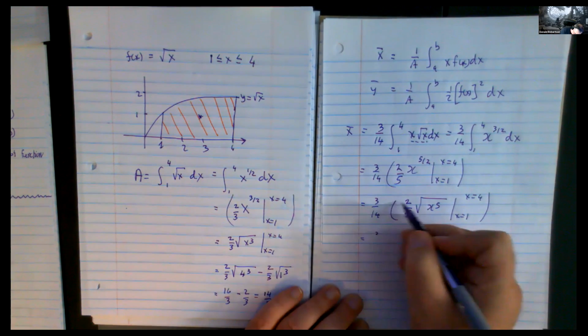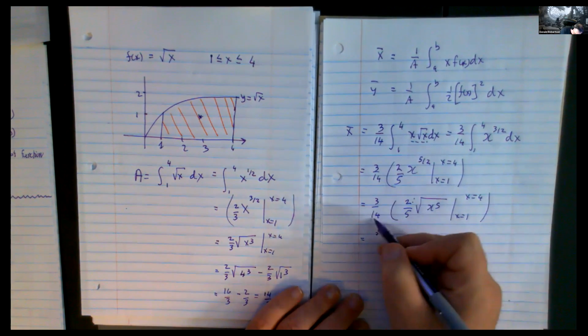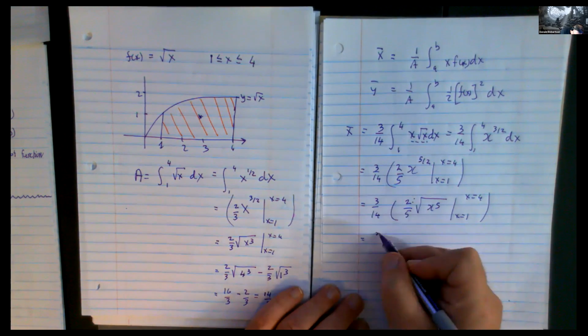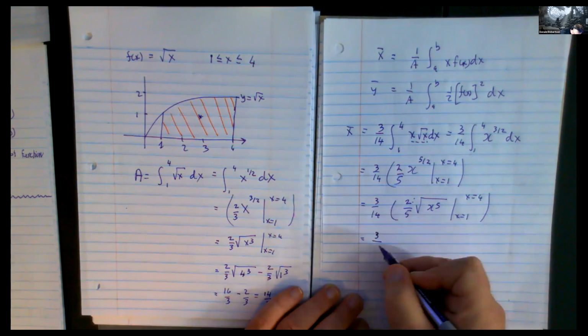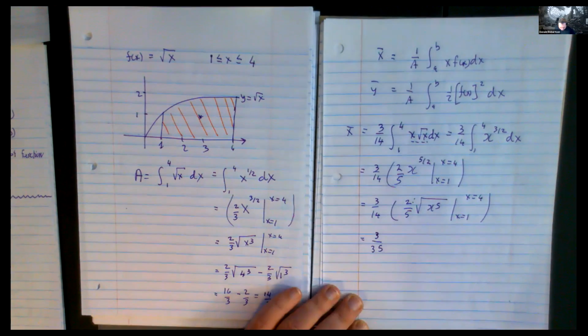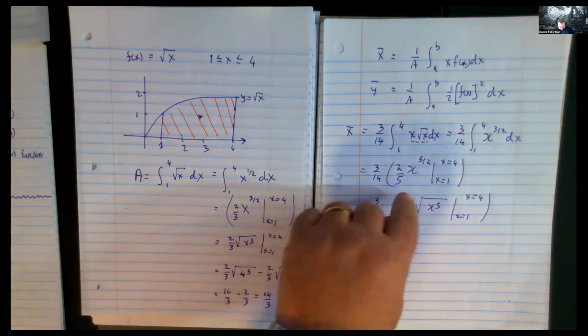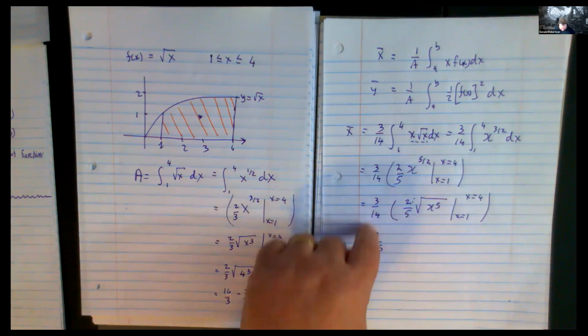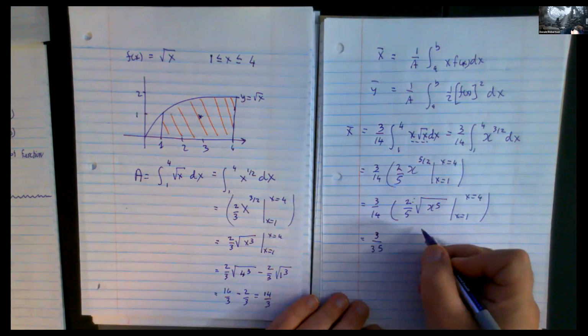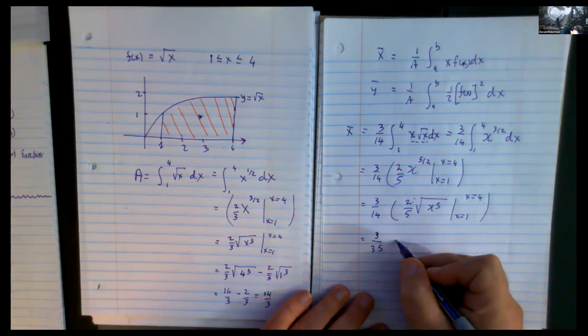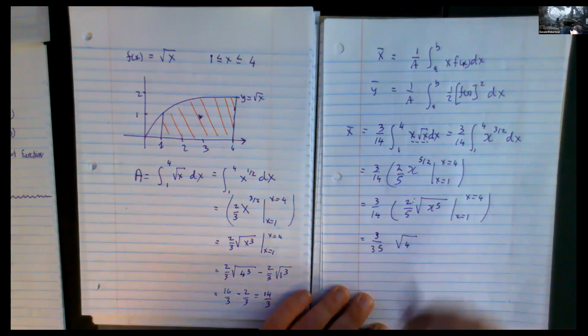Well, these two cancel, so what do I get? I get 3 on the top and I think 35 on the bottom. Are we okay with these two? Cancel 7, 5, 35, 3/5. Right. Now what do I get left?